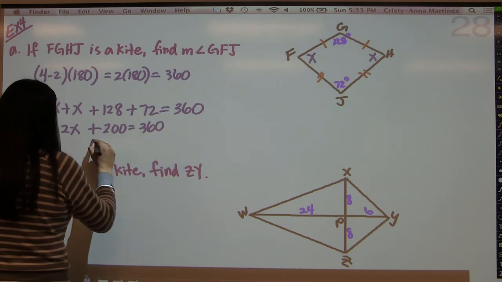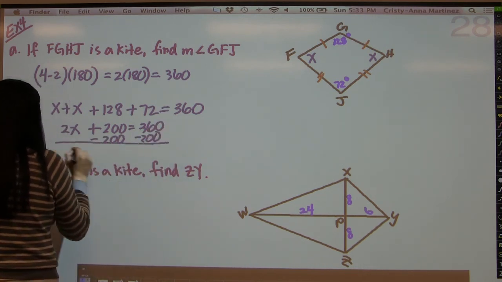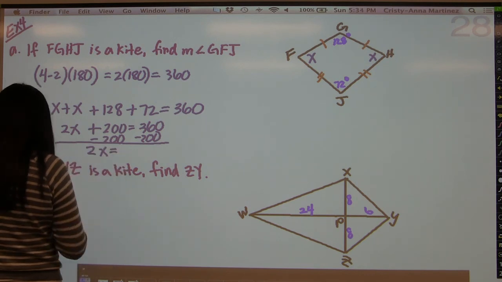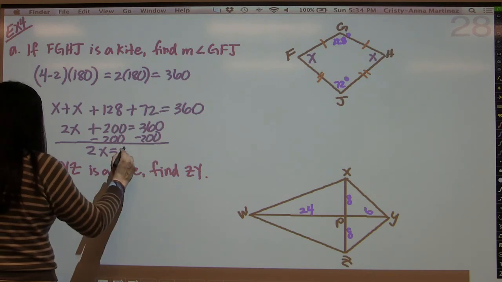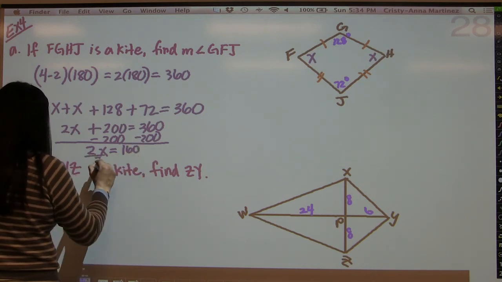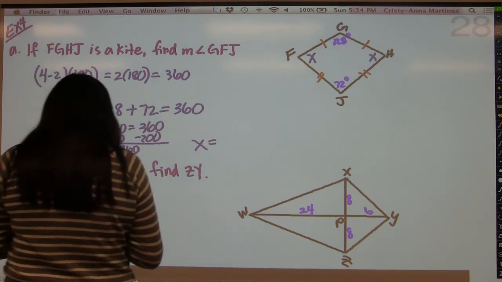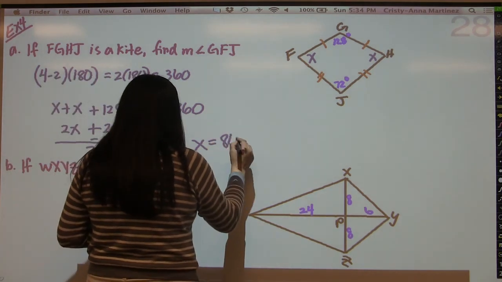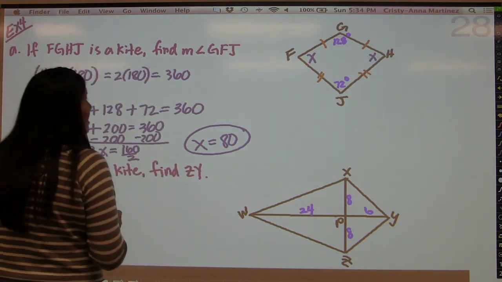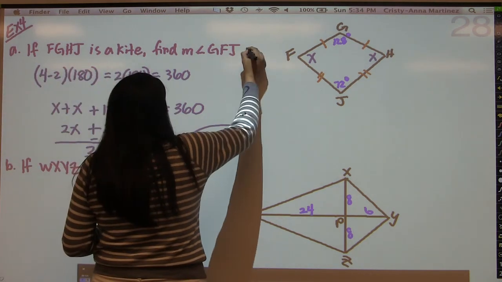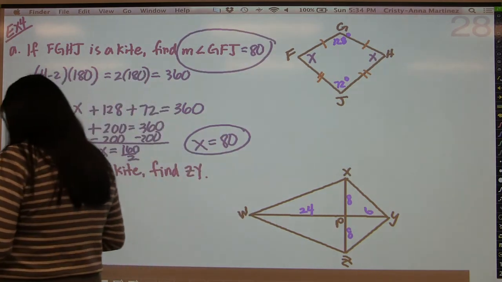And so then I'm going to subtract the 200 from both sides. So 2x is going to equal 160, and then we're going to divide that by 2. I'm running out of space here. And 160 divided by 2 is going to give you 80. So that means that the measurement of angle GFJ is equal to 80.